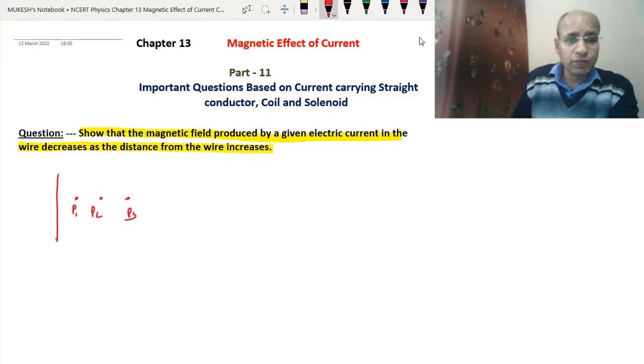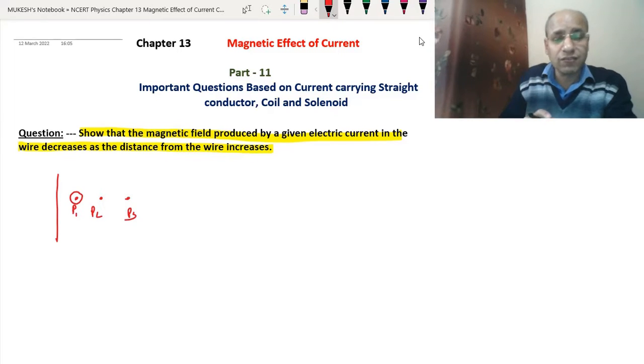So we have to show that the magnetic field produced by a given electric current in the wire decreases. We studied in the factors that as we go away from the wire, the magnetic field reduces, and as we come nearer to the wire, the magnetic field increases.